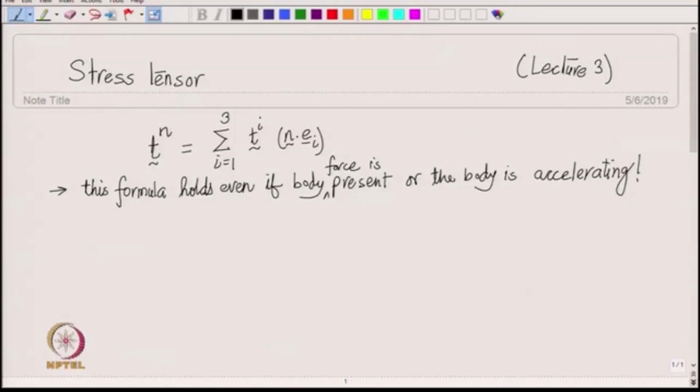Let me draw this picture again. So, we have an arbitrary body and we want to know traction at a point, and suppose the plane here is the plane with normal n.